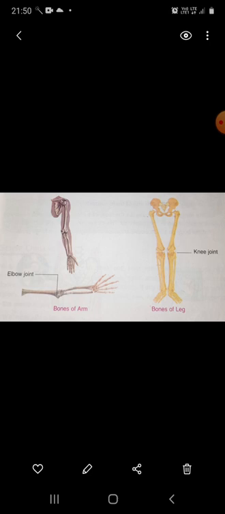The upper part of the hind limb is the longest bone of our body and it is also known as the femur. The femur is attached with the lower part of the leg at the knee. Again, our ankle and toes are made up of so many small bones.